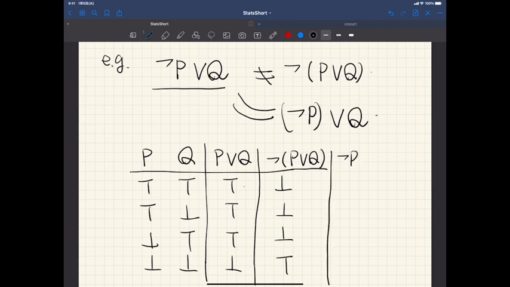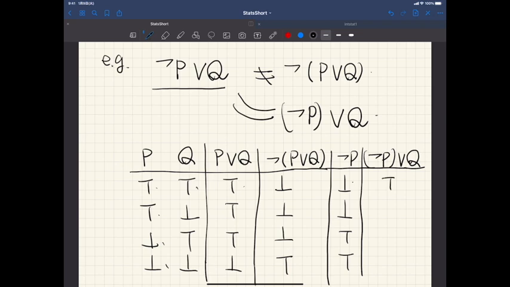And not P is, let's see, this is true, so false, false, true, true. So not P or Q should be this or this.